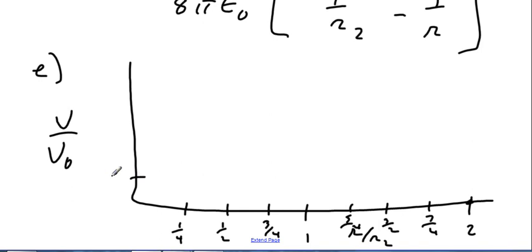And we'll go 1, 2, 3, 4, 5. And when I'm at 1/2, I'm going to be at 1.